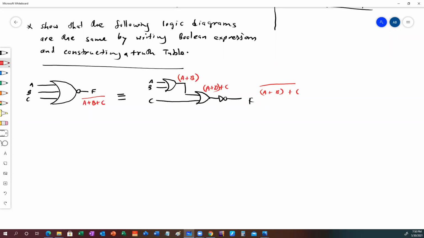Right. So now these two must be shown using a truth table. Using a truth table. So let's try to do it.